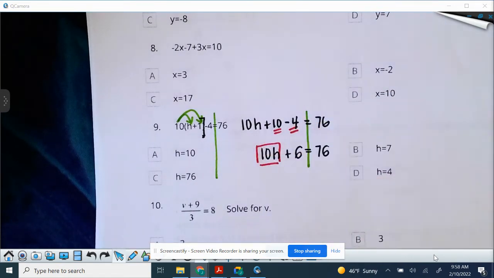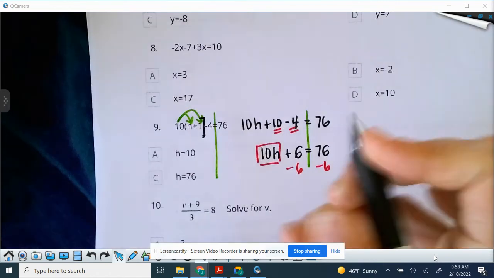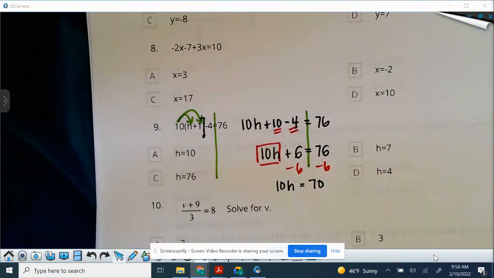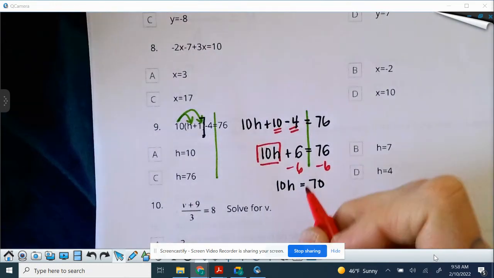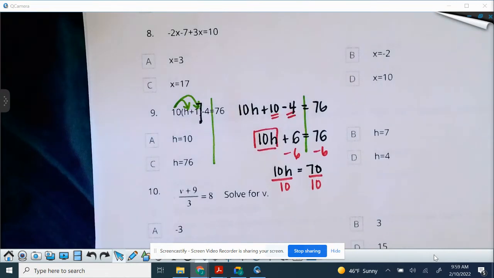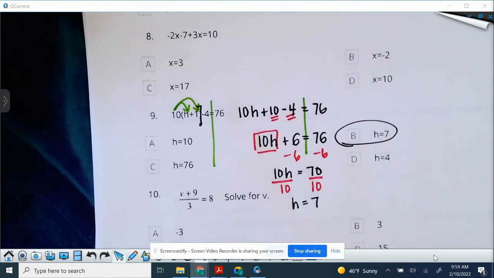The variable is H. So we're going to subtract 6 from both sides. 10H equals 70. 10H is 10 times H, so the inverse of multiplication is going to be division. And H equals 7.